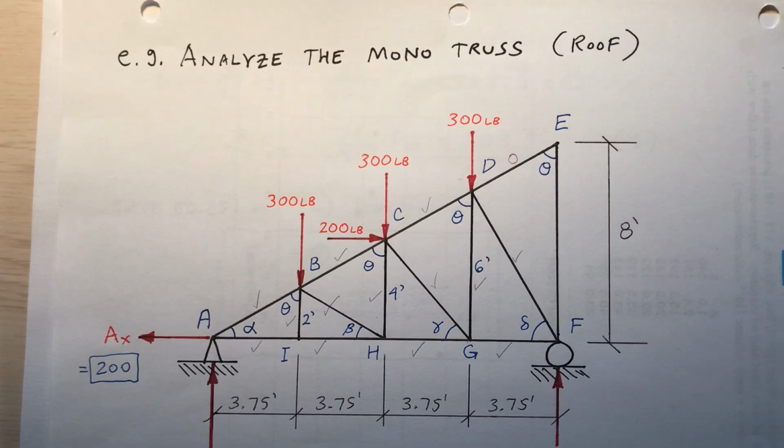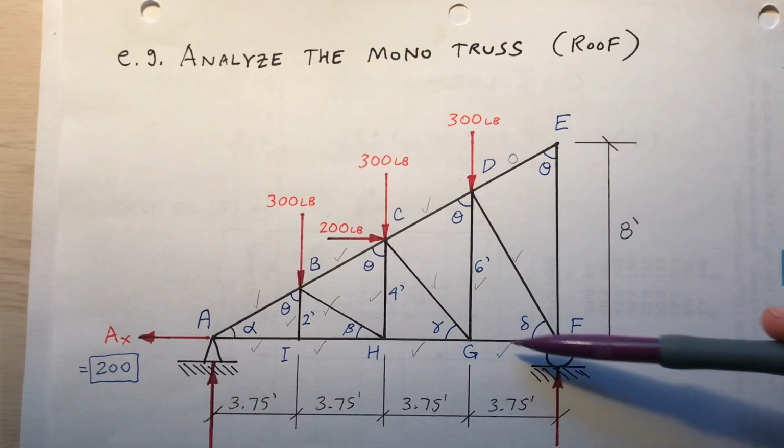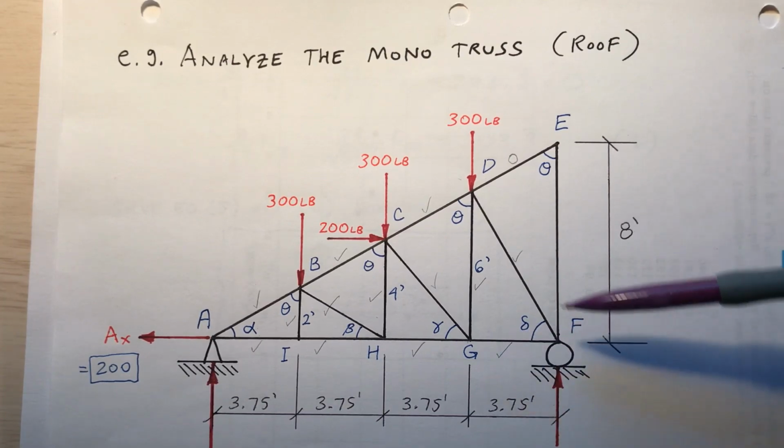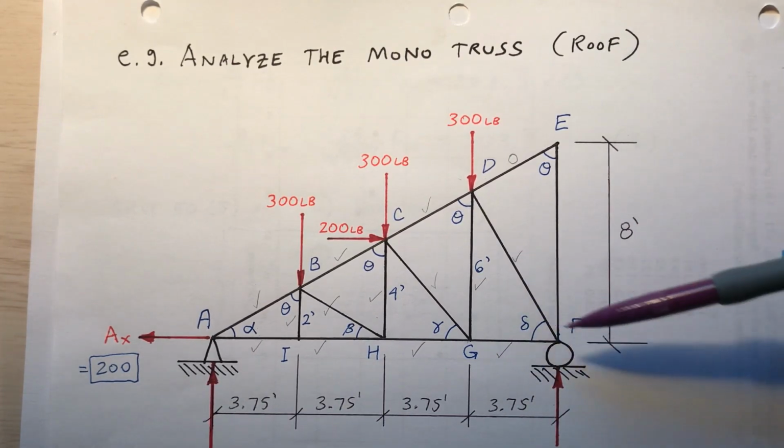Well, why don't I check joint F just to verify all that? So I'm tentatively going to predict that bar EF has a bar force of 0, and I'm going to analyze joint F. At F, I've got the vertical reaction, I've got bar force FG or GF, I've got DF or FD.